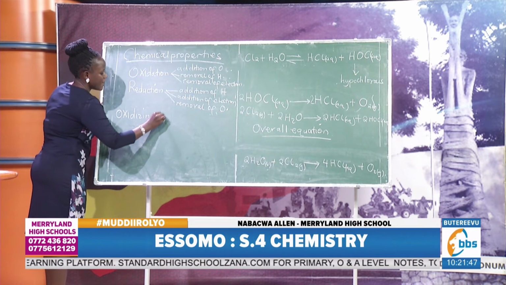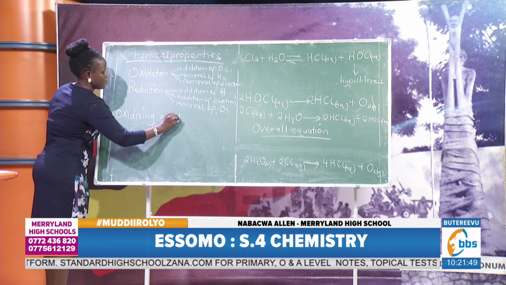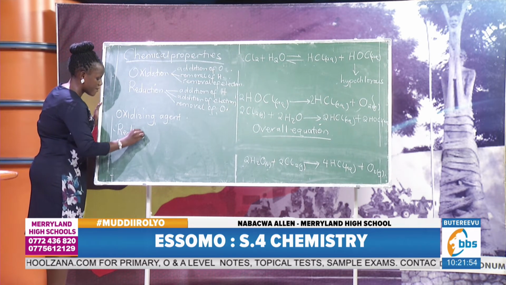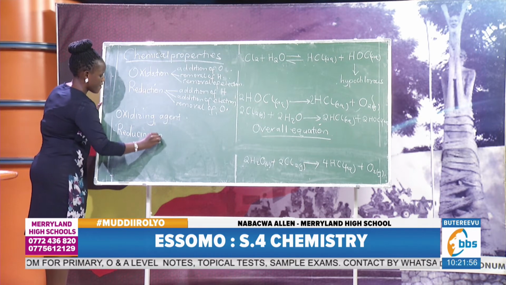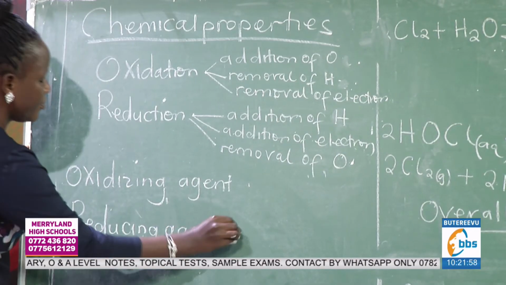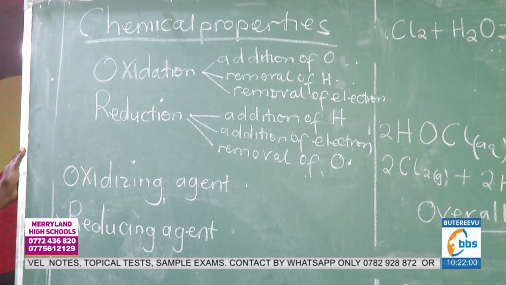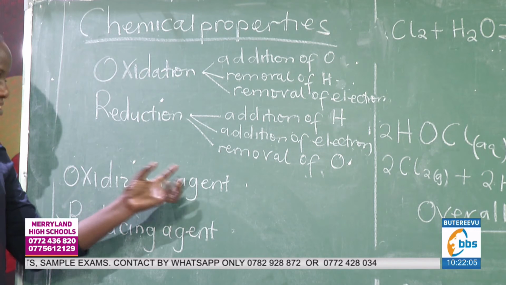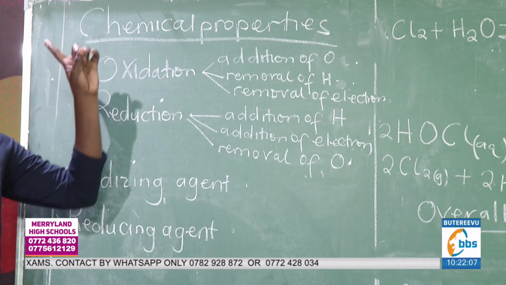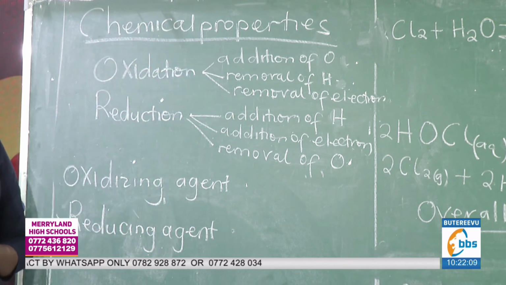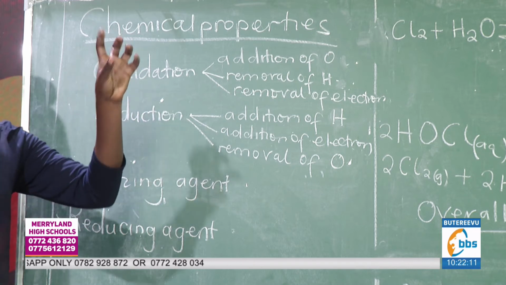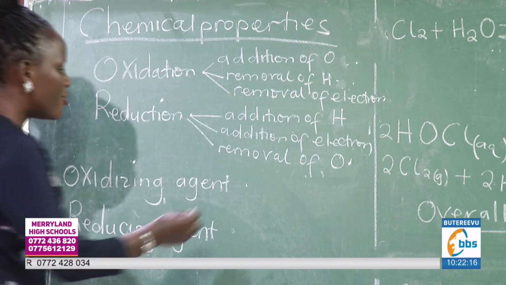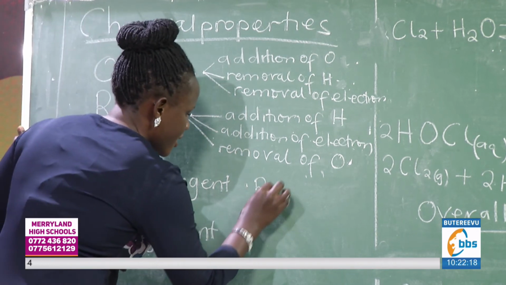What is an oxidizing agent? What is a reducing agent? An oxidizing agent is a substance that oxidizes the substance it is reacting with, but itself, it undergoes reduction.